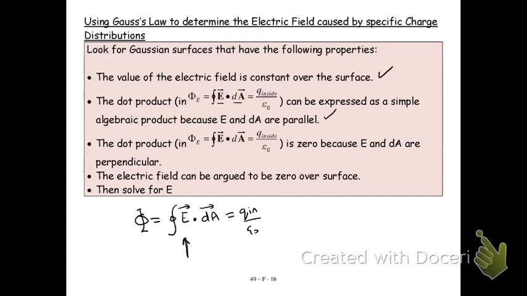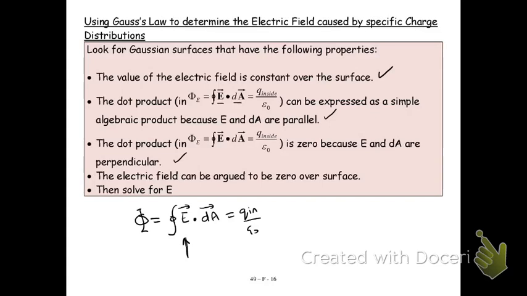Or if you can't do that, go the other way and try and get it where they're perpendicular, so you get the cosine of 90, which is 0. But you don't want in between. The general case sucks.